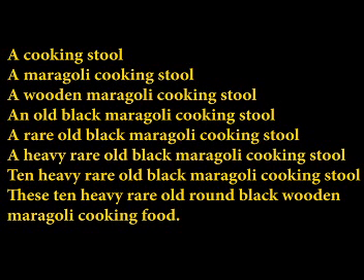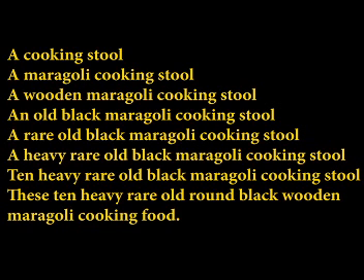We can also say an old black wooden Maragoli cooking stool. Can also say a rare old black wooden Maragoli cooking stool. Can also say a heavy rare old black wooden Maragoli cooking stool.